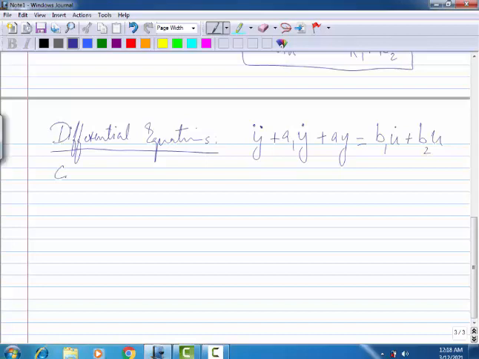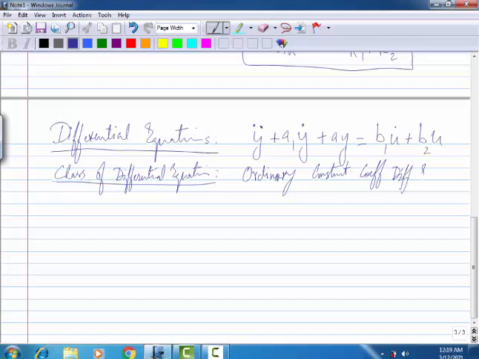The class of differential equation that we will look at in this course is the ordinary constant coefficient differential equation.